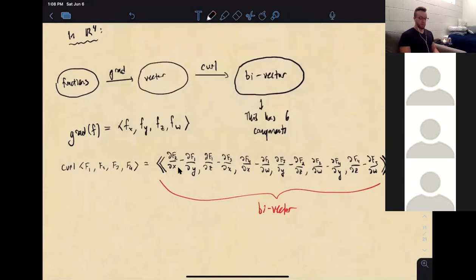So the next operation eats a bivector and spits out a vector field. Like it spits out a genuine vector field. And this doesn't have a name, as far as I know. So I'm giving it a name and I'm going to call it the Joe operation.